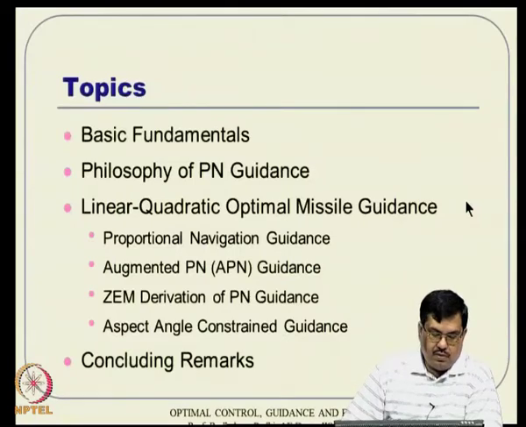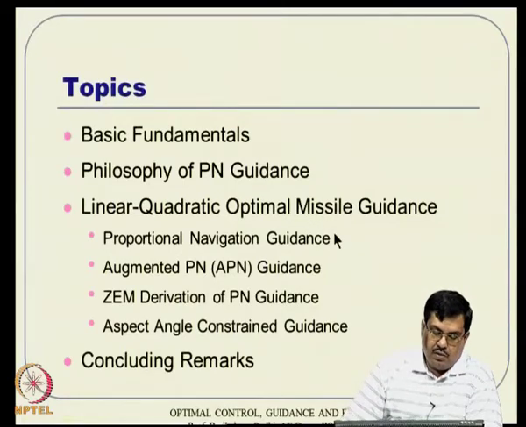Alright, so the topics of this lecture are something like this: a little bit of basic fundamentals of what missiles are, their classifications and components. Then a quick glimpse of the philosophy of the so called proportional navigation guidance. Then we will revisit LQR theory, formulate the problem in the framework of linear quadratic optimal control, and come up with optimal missile guidance.